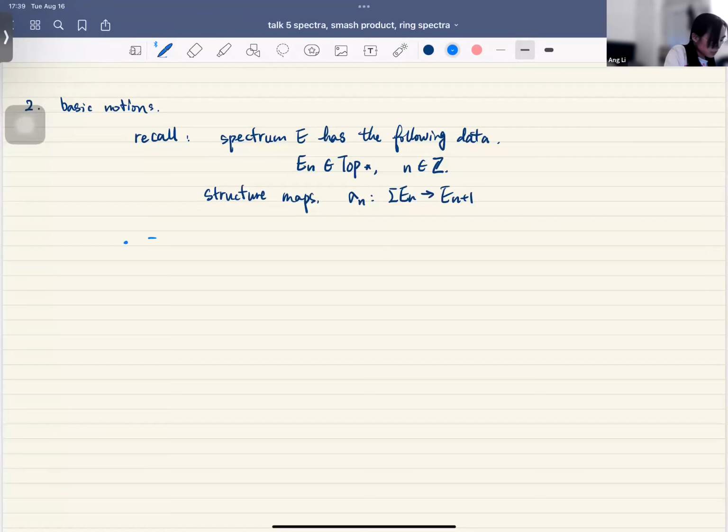So first, if your structure map is an isomorphism or identity, then the only information of the spectrum is the space, and then you just do suspension. So it is a suspension spectrum.